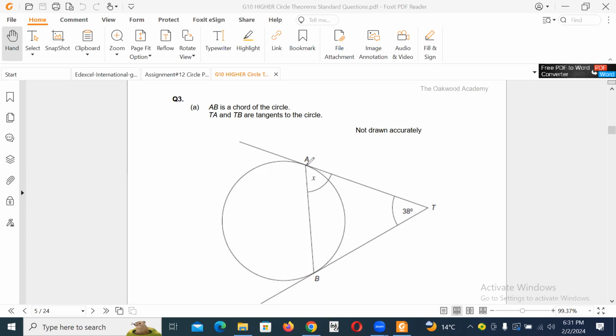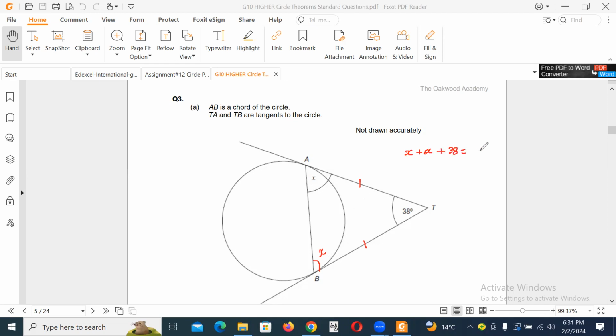Meaning if you check, ABT is a triangle, then this angle is also X, the base angles. Why? These two lengths are equal. So it is the concept of an isosceles triangle. One property of an isosceles triangle says the base angles are the same because it has two equal sides, and we have three angles. One is 38 and the other two we can consider as x and x, and we know the sum of angles of a triangle adds up to 180.